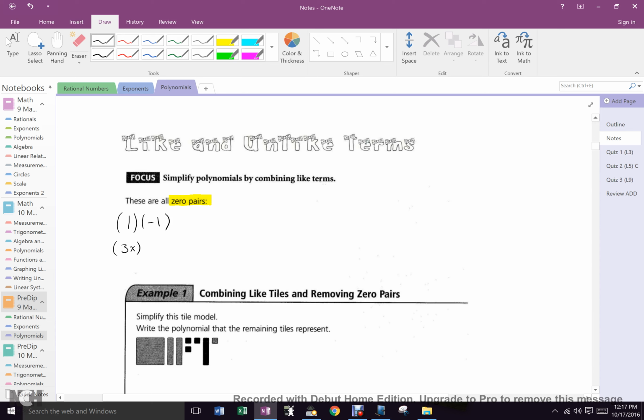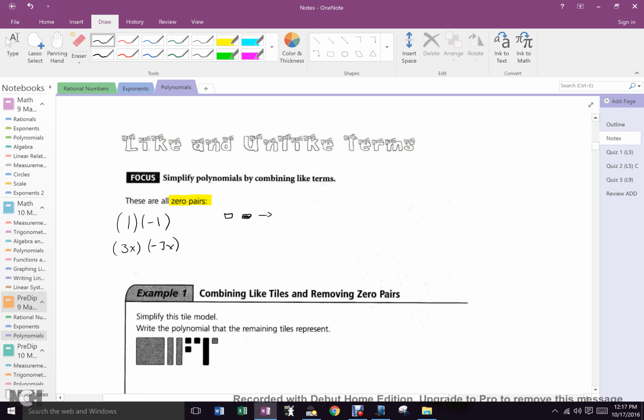3x and negative 3x. What does that get you? No. I have 3 x's, and then I have negative 3 x's. What would that get me? 0. Excellent. So all of you understand it with symbols. Great. What it actually means is this. There's 1. There's negative 1.